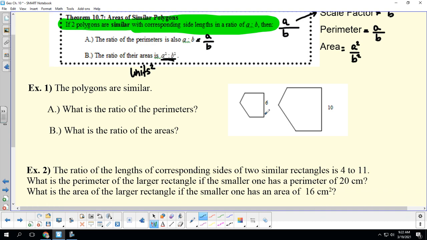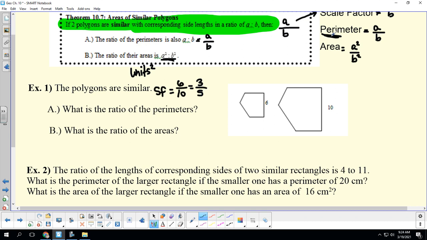The polygons are similar, so this polygon and this polygon, 6 to 10. What is the ratio of the perimeters? All right, so let's first put together the scale factor. It's 6 over 10, and both of these reduce by a factor of 2, so that reduces to 3/5.